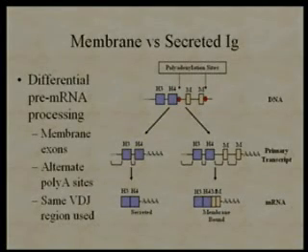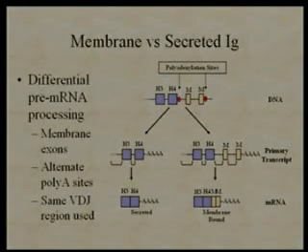When that is processed to remove all these introns and bring all the coding sequences together, you end up with a message for the secreted form of the antibody, because it doesn't have the tailpiece exons. Those have not been expressed in this message. So this message would encode an antibody that's going to be secreted.